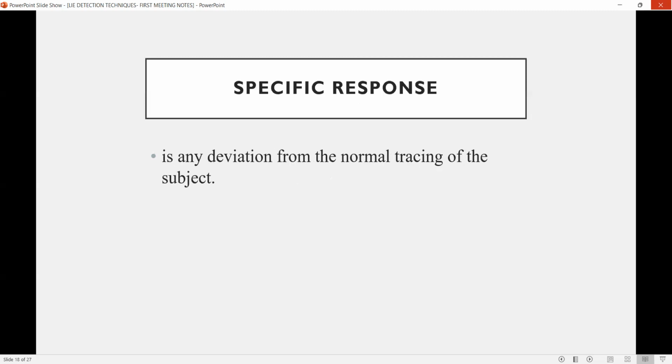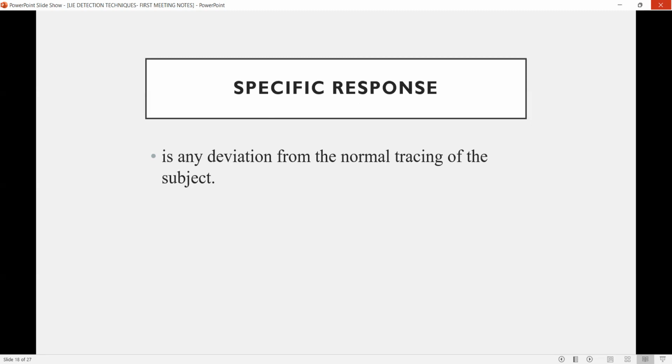Next, we have a specific response. It is any deviation from the normal tracing of the subject. So first, in questioning the subject, the polygraph examiner should ask first irrelevant questions, or questions not relating to the case, like what is your name, what is your age, where do you live?